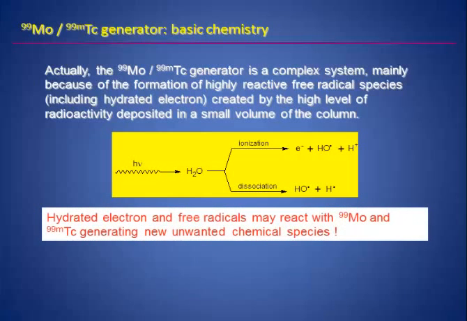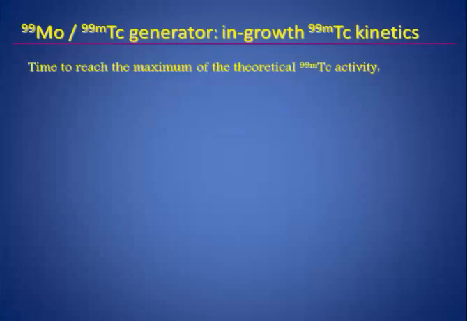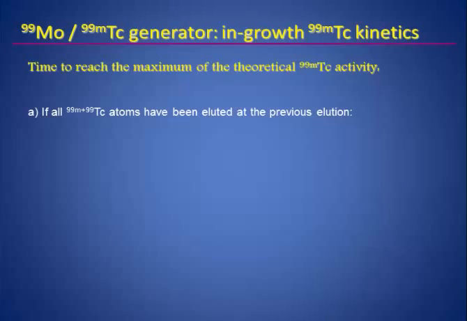So hydrated electrons and free radicals may react with moly and technetium, creating new unwanted chemical species. The time to elute is something we need to concentrate on and elaborate, because we found that most people don't know about this.